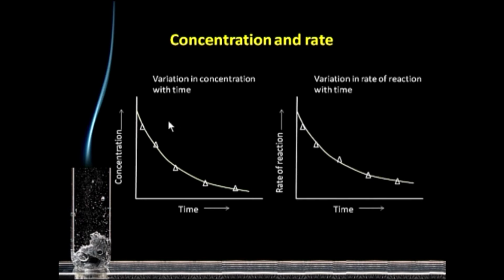That means you can draw a parallel between decrease in the concentration of the reactant and decrease in the rate of reaction. Both seem to be following a similar trend. How exactly the two are related, we are going to see a bit later.